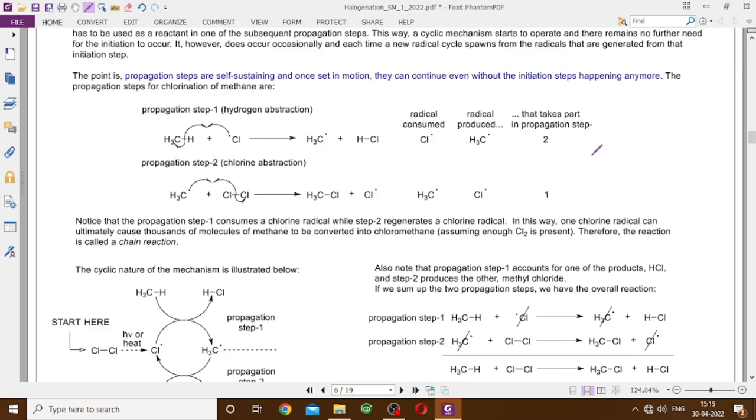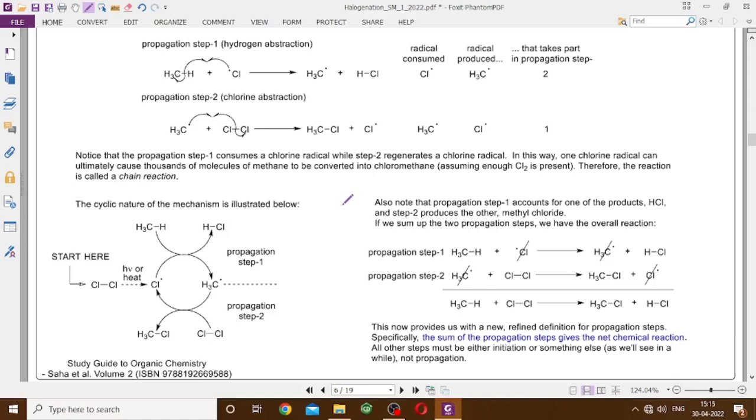So one chlorine radical that you have formed has started a propagation step and subsequently set in motion the cyclic mechanism that is going to operate, leading to a million CH3Cl molecules.